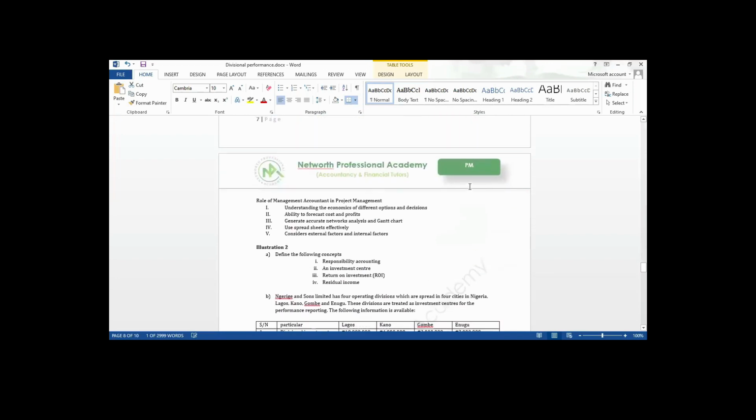The last aspect of the question. What is the role of management accountant in project management? This question was taken from another topic. What's your role? If a company is to carry out a project management, what is the role of the accountant?